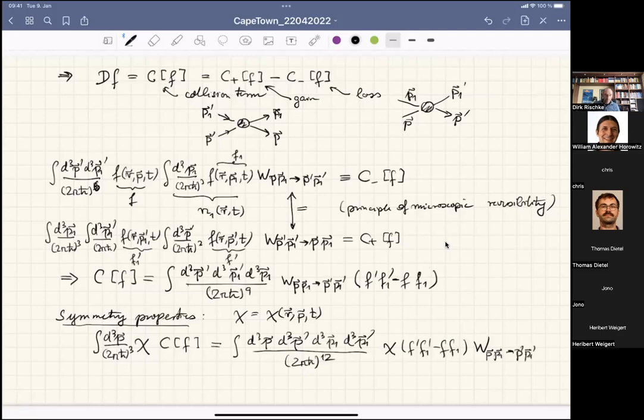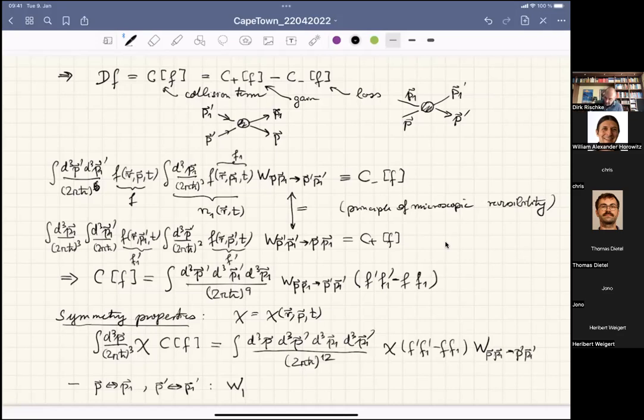And you see, the symmetry properties I'm alluding to are related to exchange of integration variables. So if I interchange p with p1 and p prime with p1 prime, what will happen? Microscopically, it's the same as if you look at the reverse process; it cannot matter how you label the incoming and outgoing momenta.